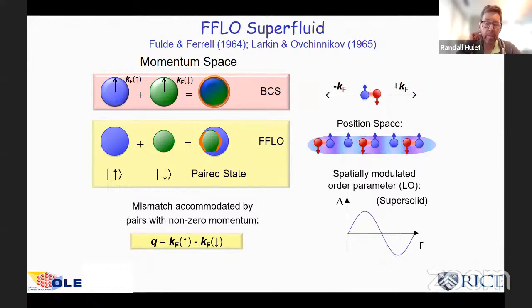In the FFLO, the Q is defined entirely by a magnetic field. There's some kind of a magnetic field inside the superconductor which lifts the degeneracy of these Fermi surfaces. So that's kind of a definition of FFLO. As a consequence of that, it gives rise to this finite momentum pairing. The finite momentum pairing, I think, can show up in other systems as well.